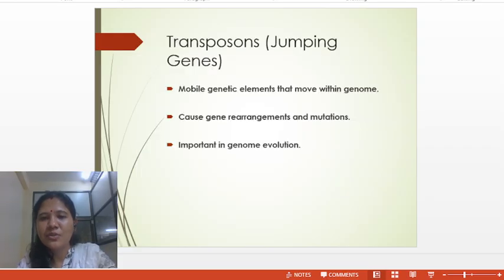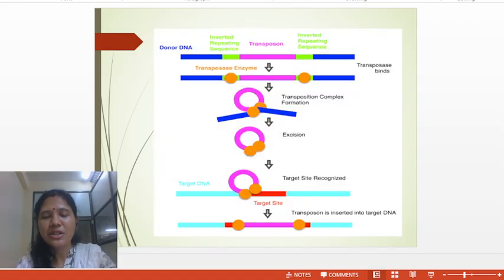Transposons are also known as jumping genes, mobile genetic elements that move within the genome, causing gene rearrangements and mutations, important in genome evolution. The transposon structure is explained here.